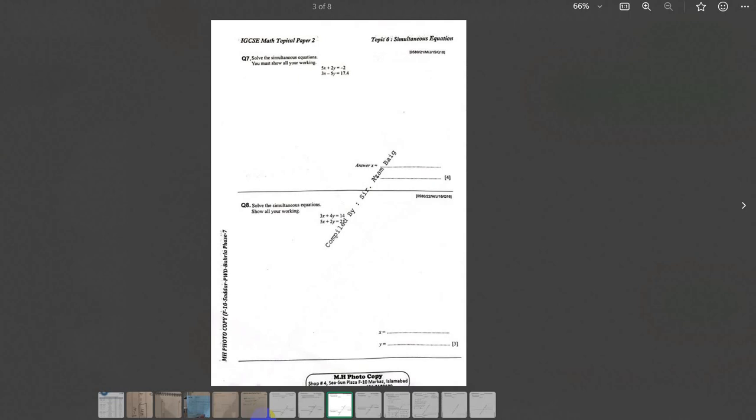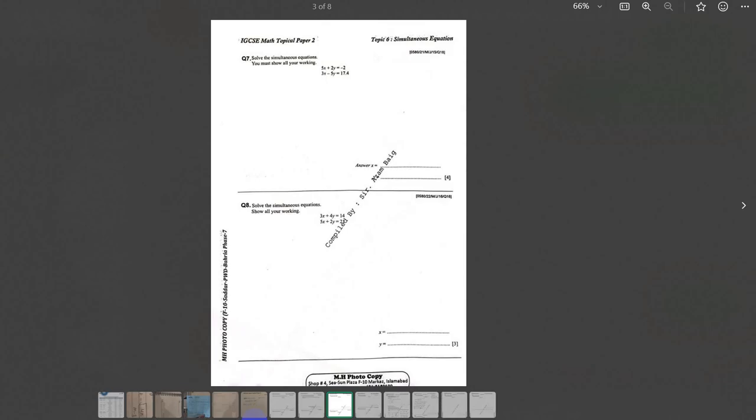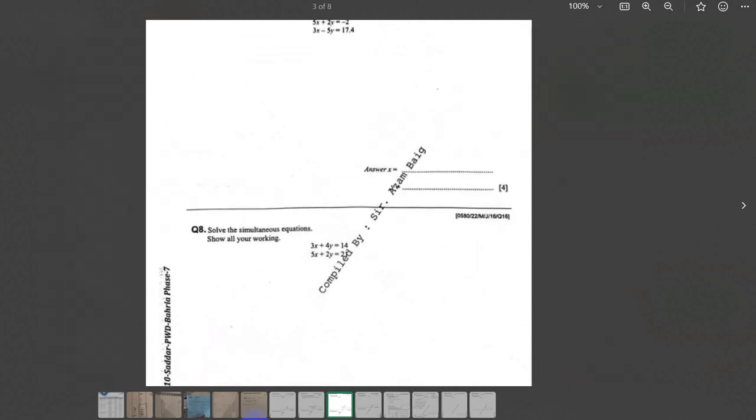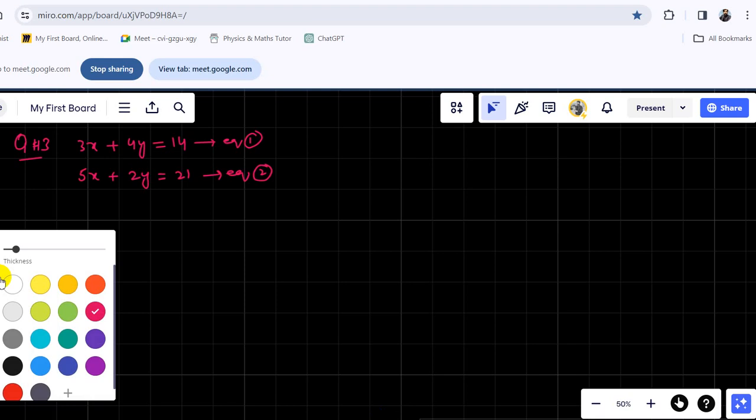And the second equation here is 5x plus 2y equals 21. This is the second equation. So do you have any question related to these equations, or should we start?